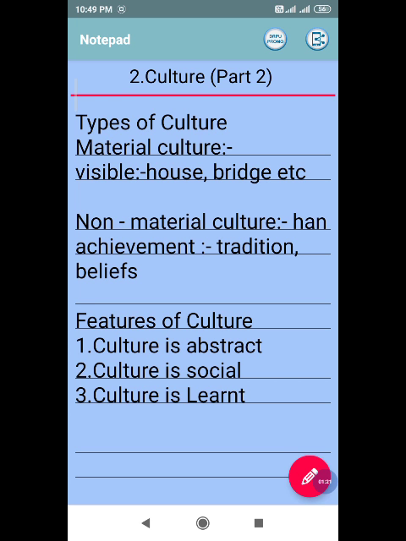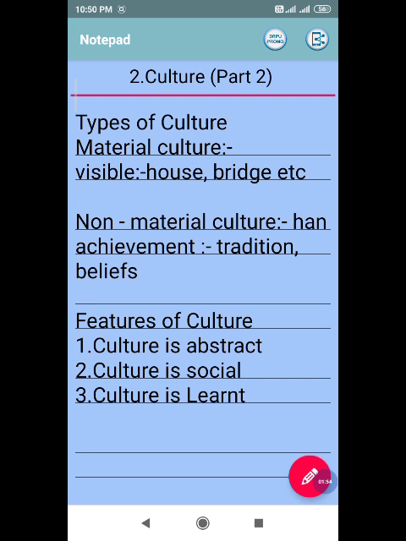Then non-material, these are not made from materials or things. These include thoughts, ideas, beliefs and values. So students, material culture and non-material culture are the two types of culture. In order to explain the unique features of culture, Ogburn divided culture into material and non-material culture.